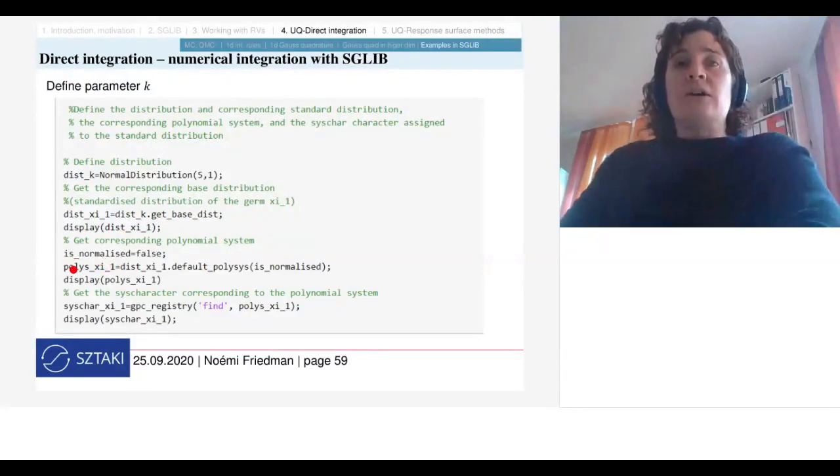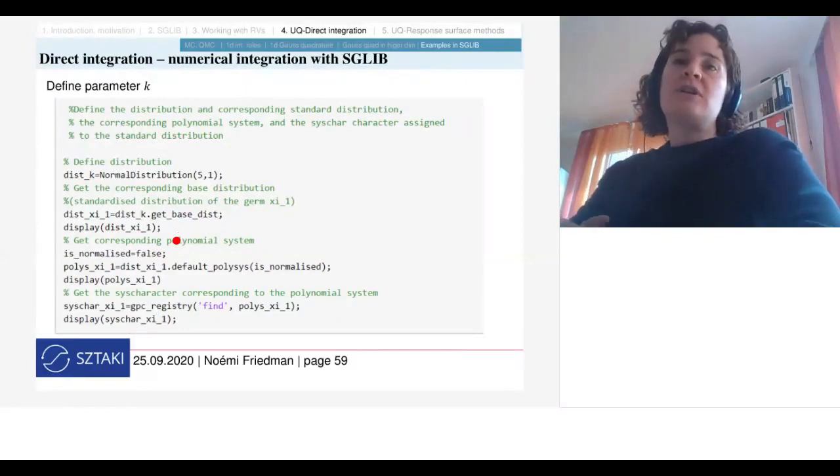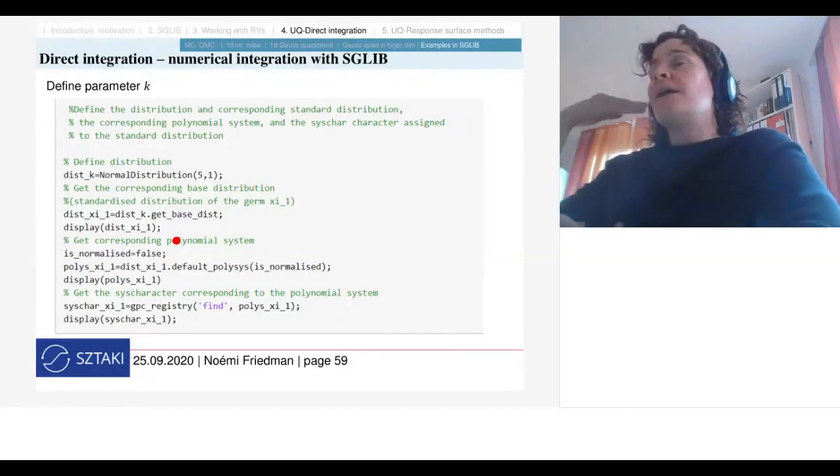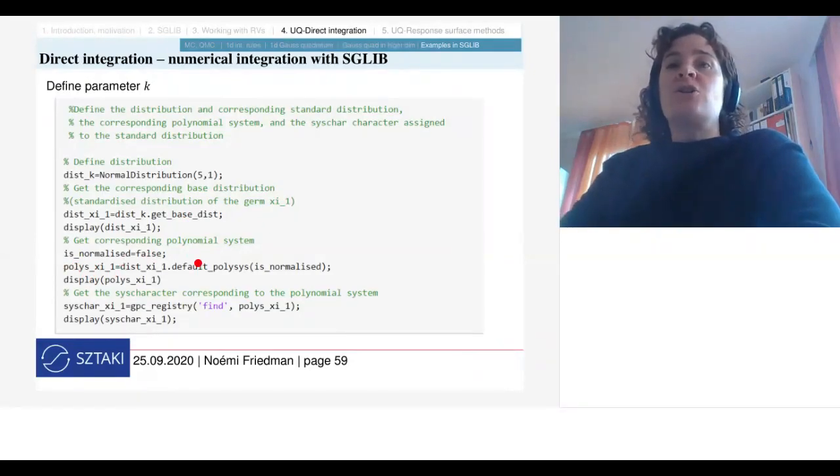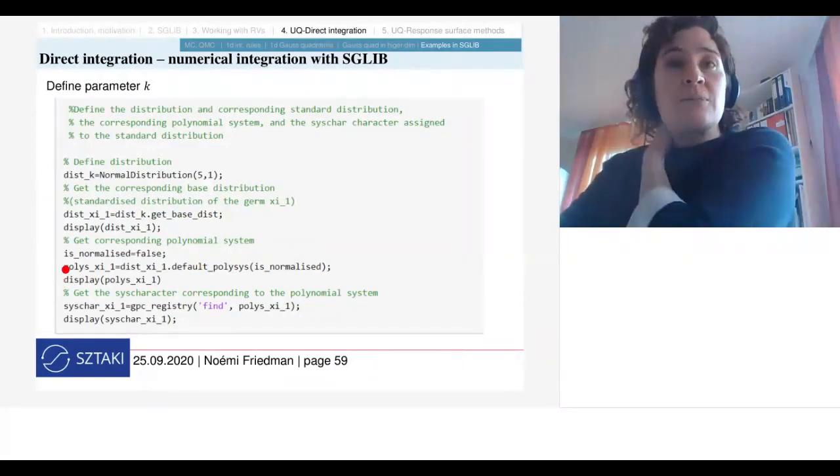And in this sglib code, I have this polysys character. So for all these different distributions, whether you have uniform, Gaussian, or a beta distribution, I have an underlying Bayes distribution, and I have a corresponding character. It's a letter, okay? So for Gaussians, the letter is an H, which corresponds to the Hermite polynomials. And you can get this character by asking for the default polysys, okay?